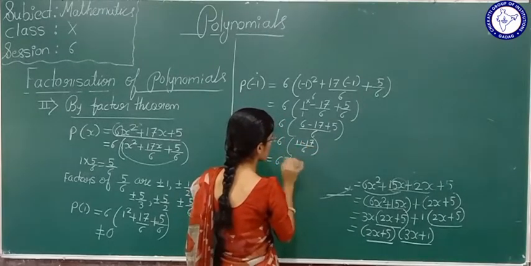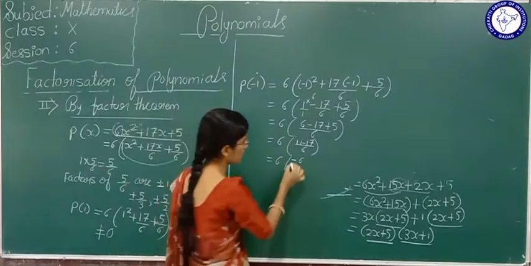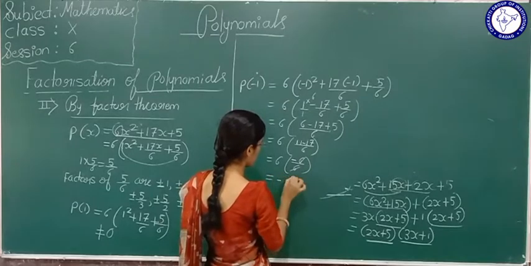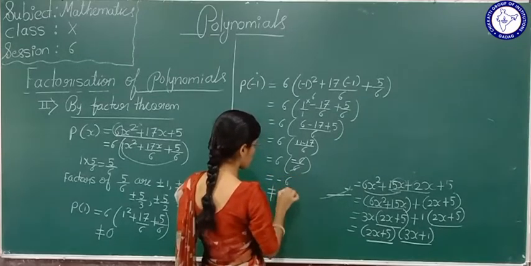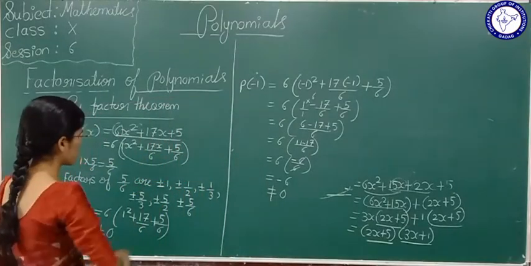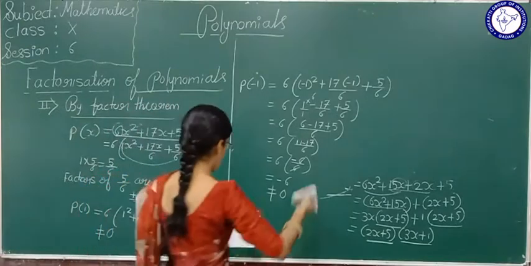It is nothing but minus 6, by 6. 6 gets cancelled. Here minus 6 means this is not equal to 0. Okay, then check for 1 by 2, 1 by 3, like that only we will go on checking.